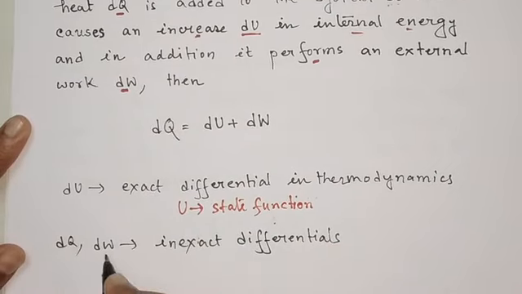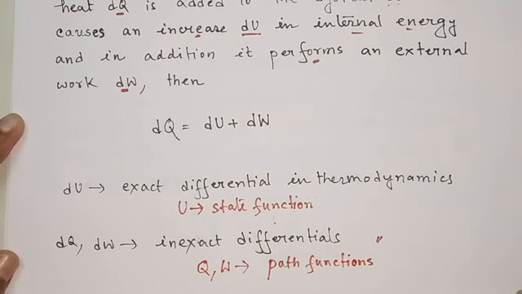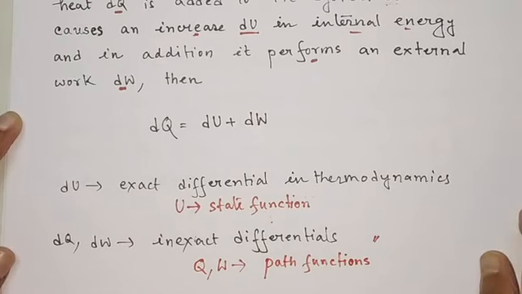Whereas dq and dw are called inexact differentials in thermodynamics, because heat and work done are path functions. That is, they depend on the path taken between two states, between the initial state and the final state.